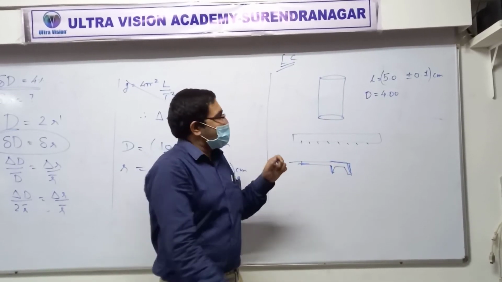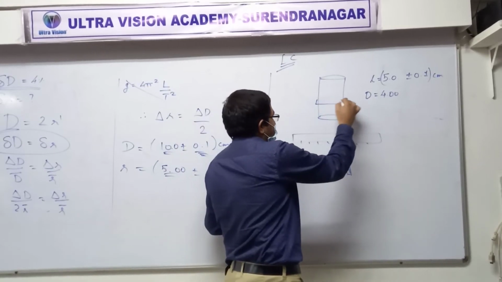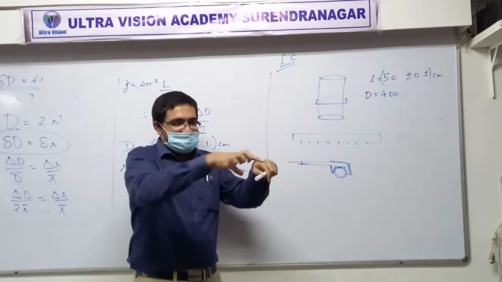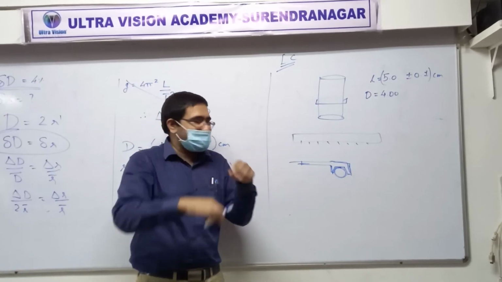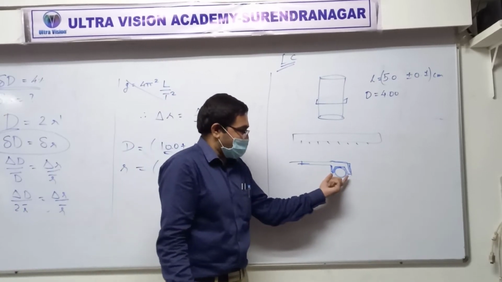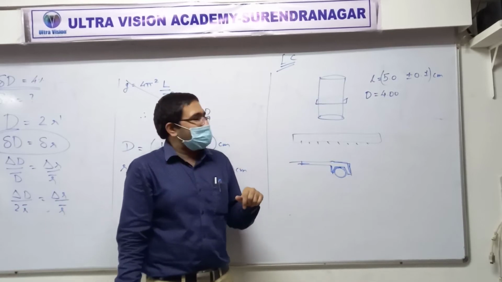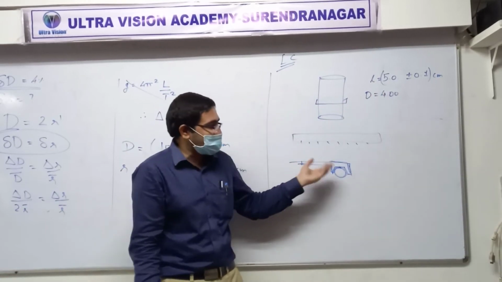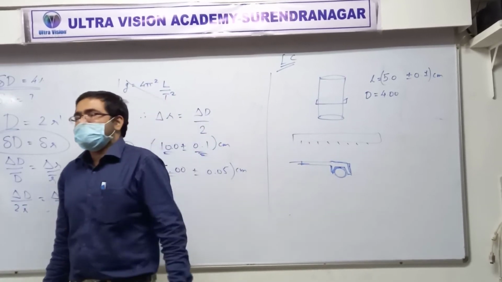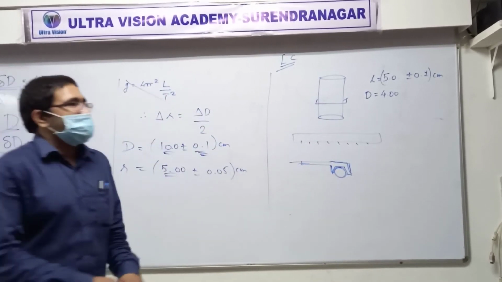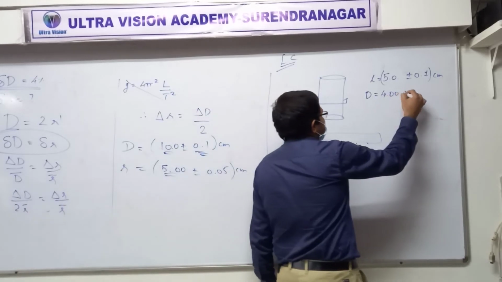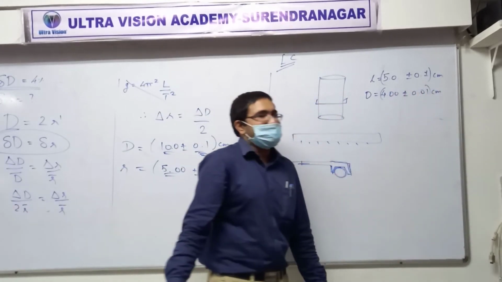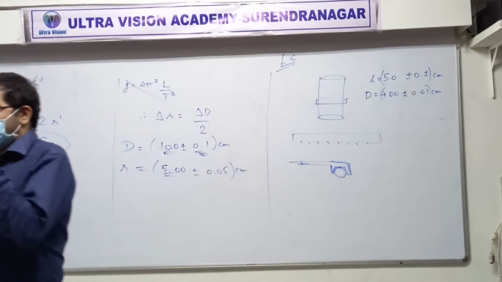But when we measure the diameter using these jaws of the cylinder, like this, you are actually measuring diameter. So diameter is 4, and in the measurement of diameter, how much will be the error? 0.01. In the measurement of diameter, there will be 0.01 centimeter error. Who understood that?